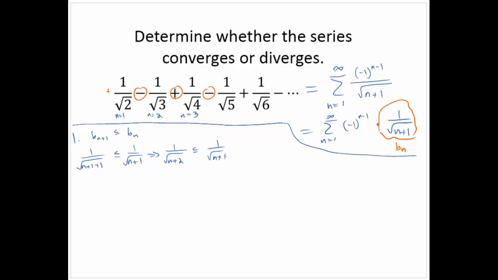Now again, we could apply some calculus here. If I call f of x 1 over the square root of x plus 1, then f prime of x is negative 1/2 times x plus 1 to the negative 3/2, which is equal to negative 1 over 2 times the square root of x plus 1 cubed.